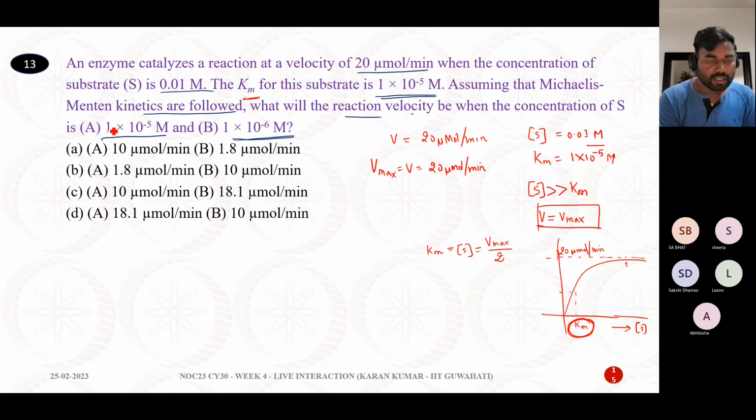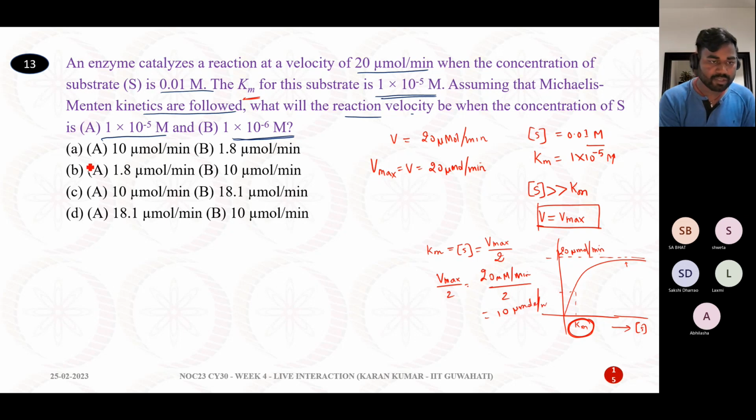Now, in the first half, they have asked what will be the reaction velocity at the Km value, because Km is the same, 1 into 10 raised to power minus 5. Which means the velocity at this Km will be Vmax by 2, that is 20 micromole per minute divided by 2, which means 10 micromole per minute.